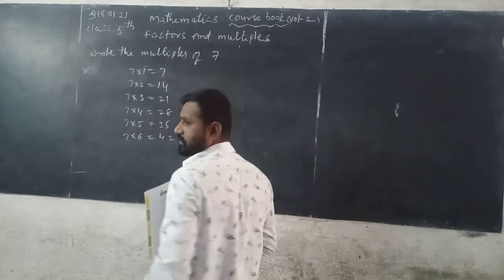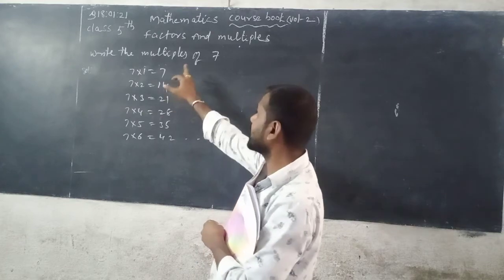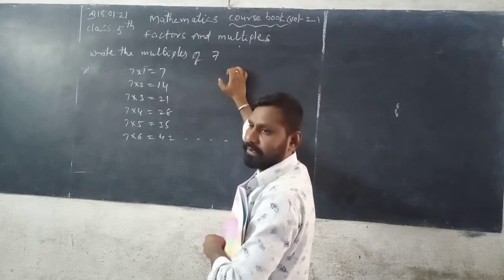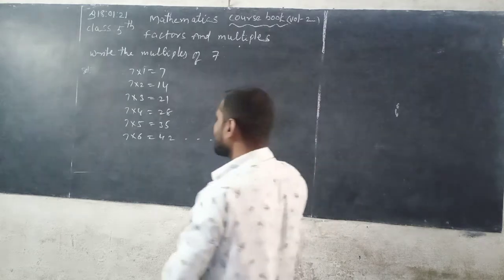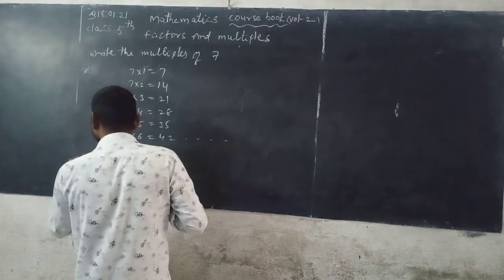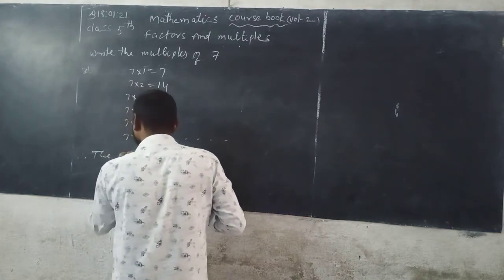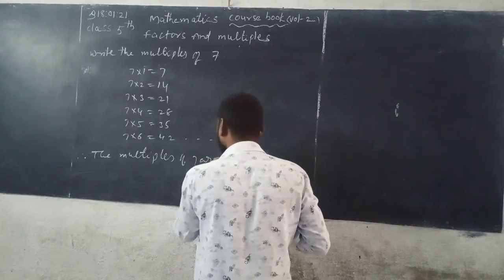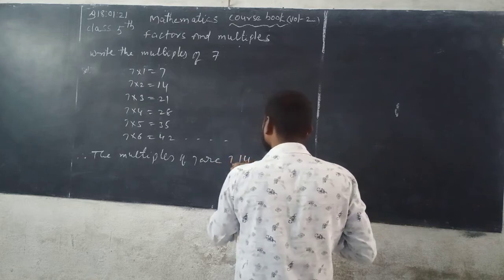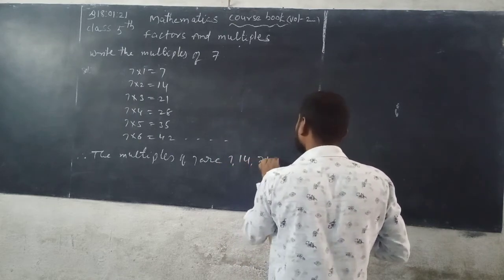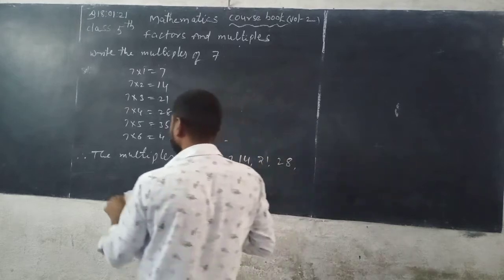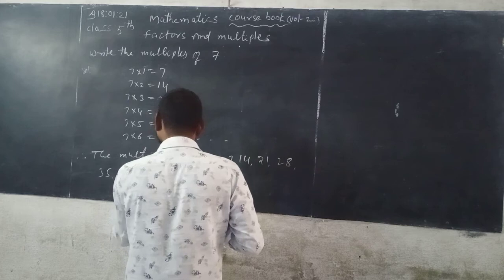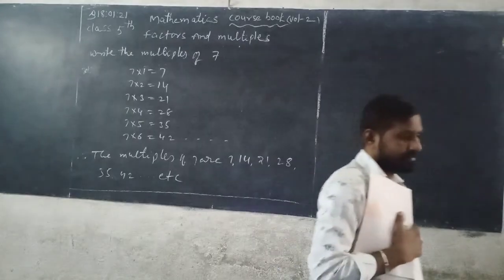And so on. See here, did you understand? Write the multiples of 7. The multiples do not end, they are uncountable. Then you can write and so on. See here. Therefore, the multiples of 7 are 7, 14, 21, 28, 35, 42, and so on, etcetera. Right.